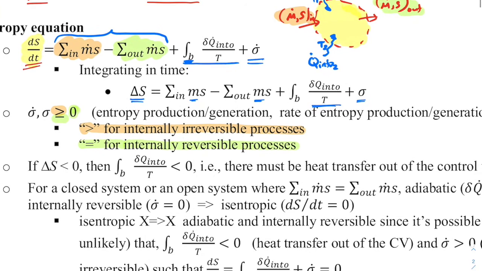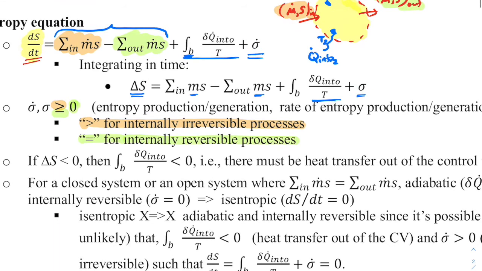I should point out that the change in entropy for a control volume or system can be less than 0. A lot of people don't realize that, but you can have a reduction in entropy. It's no problem. What that means is that there must be heat transfer going out of your system, so the dq over T term has to be less than 0, which means there has to be heat transfer out of the control volume.